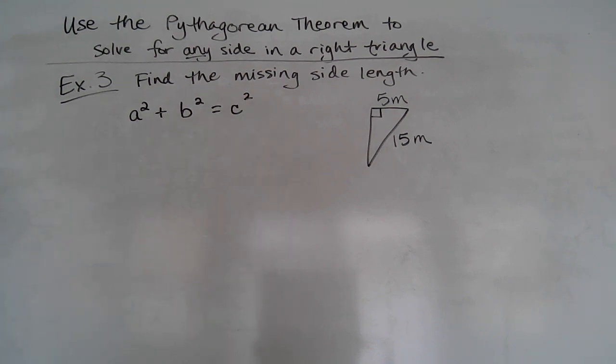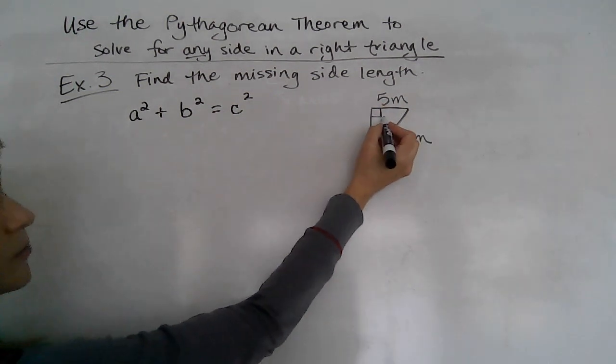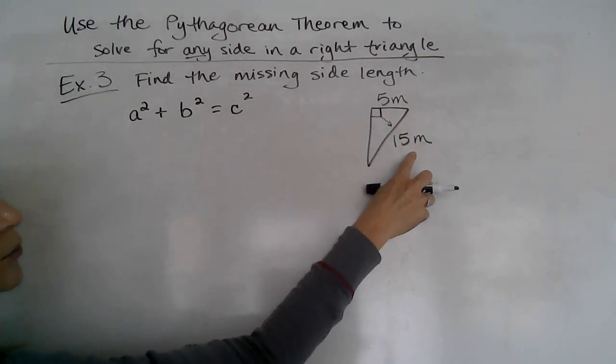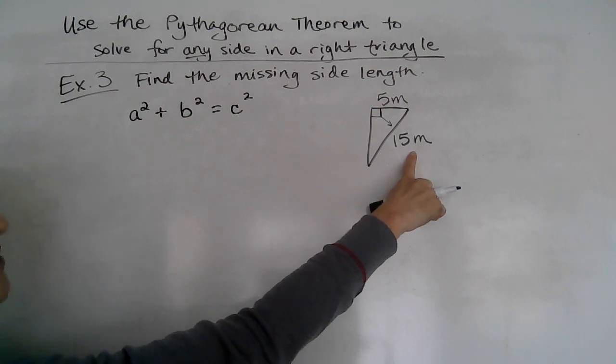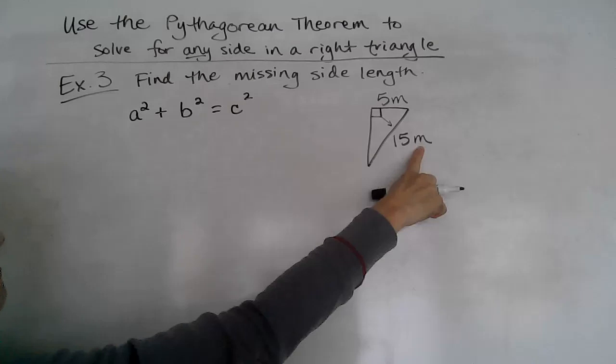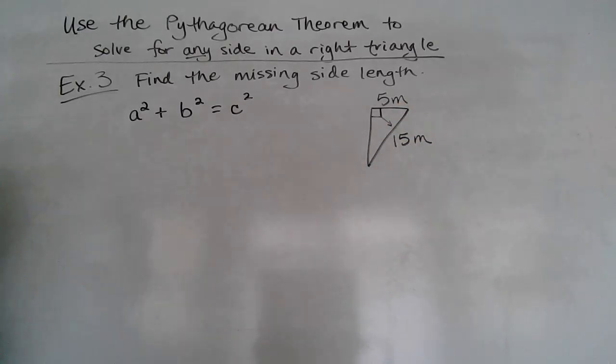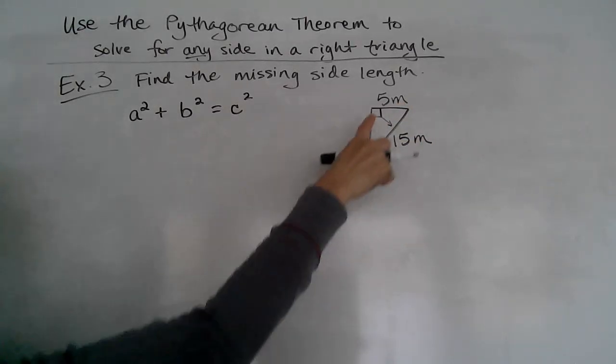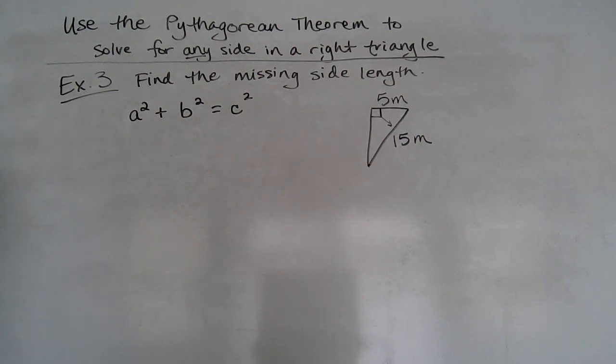We have to watch out for which side is C. So take the corner of your right angle marker and draw an arrow, and it points to C. So we can tell now that 15 is our value for C. And these are not variables, these are meter labels. So this is 5 meters, 15 meters. So you don't need to include the label when you're calculating the values for the side lengths.